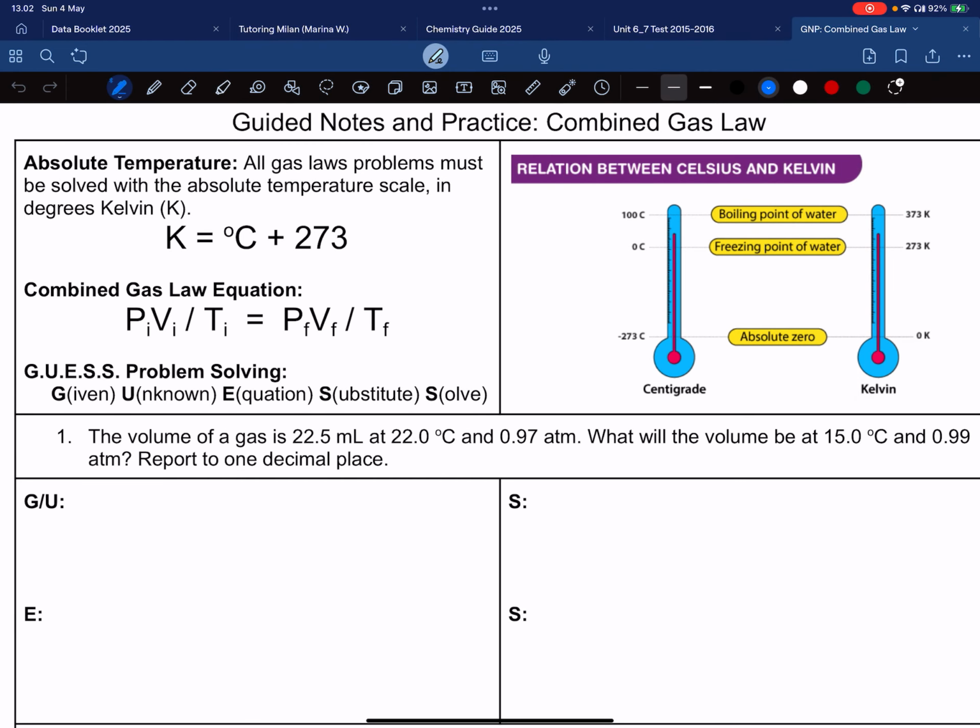Okay, ladies and gentlemen, now it's time to take a look at the combined gas law. Along the way, we learned that as temperature goes up, pressure goes up. We also learned that if you have a balloon or something that will expand as temperature goes up, volume goes up.